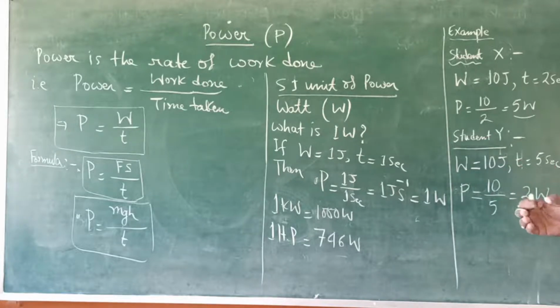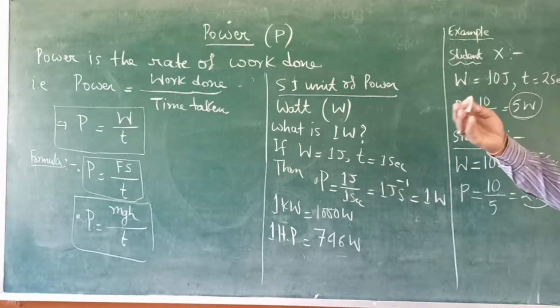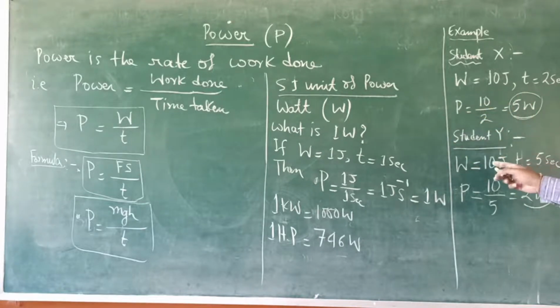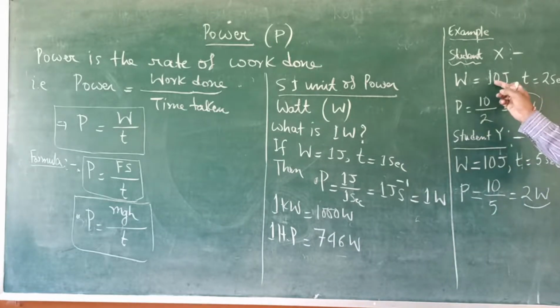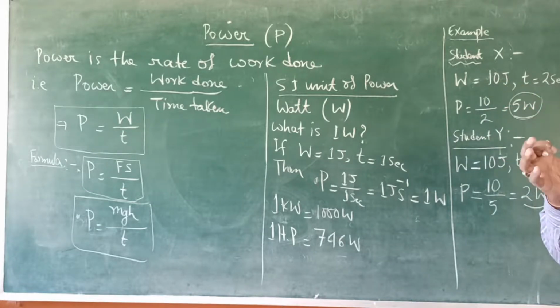So anyone who does a job in less time will have more power as compared to someone who does the same job in more time. So if anything has more power, the work can be performed in less time.